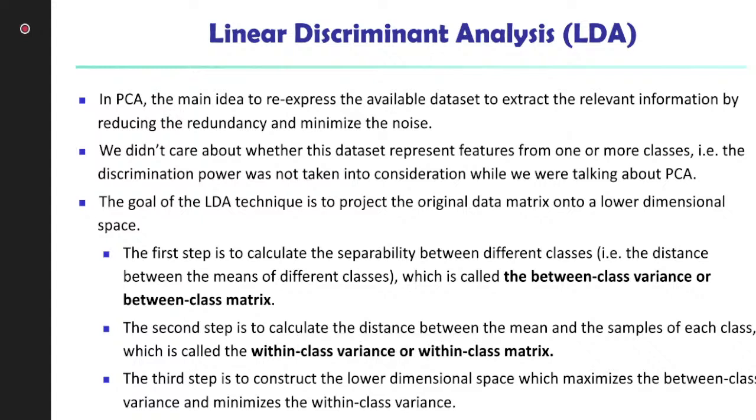So PCA is an unsupervised one, which is not taking care of anything about the output variable, whereas LDA does. So in PCA, the main idea is to re-express the variables to extract the relevant information by reducing the redundancy. We don't care whether the features have more discrimination power for one class, less discrimination power for another class, and so on.